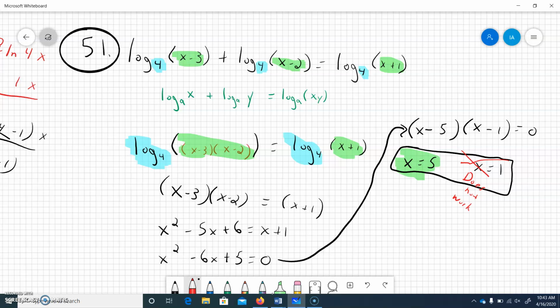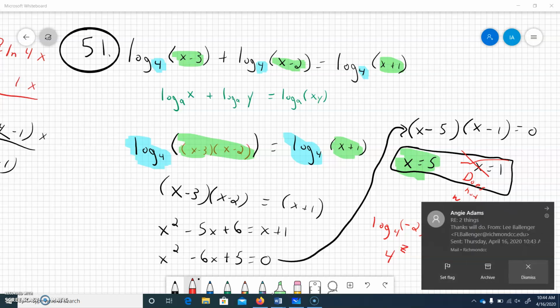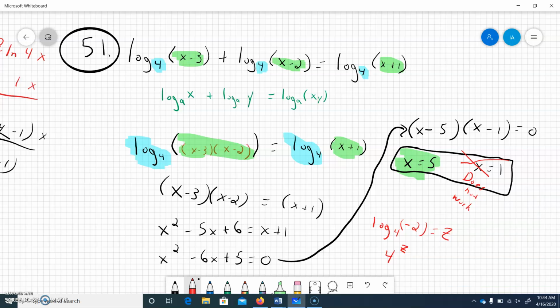And very quickly, just to explain why it doesn't work, if you plugged that 1 in to just that log base 4 part, you would get something like this. And say, what is that equal to? Let's call it z, for lack of better terms. If we were trying to evaluate that, whether in our calculator or in our head, we could turn that back to an exponential: 4 raised to the z equals negative 2.